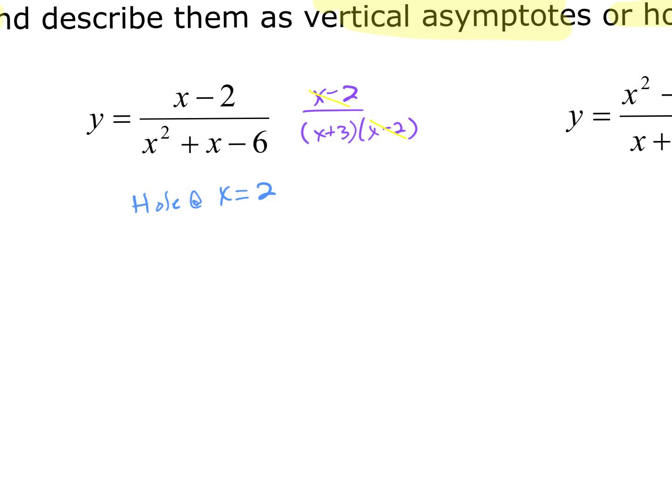But then if we divide that out, we are left with this simplified function. And we need to consider if there are any other points of discontinuity. In this case, because we still have this factor down here of x plus 3, we know then we have a vertical asymptote at x equals negative 3.